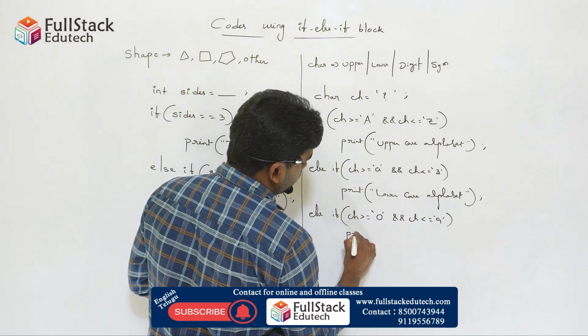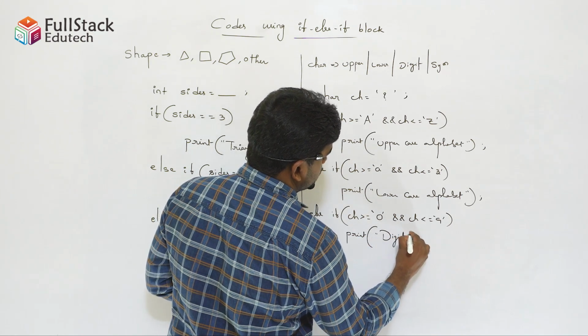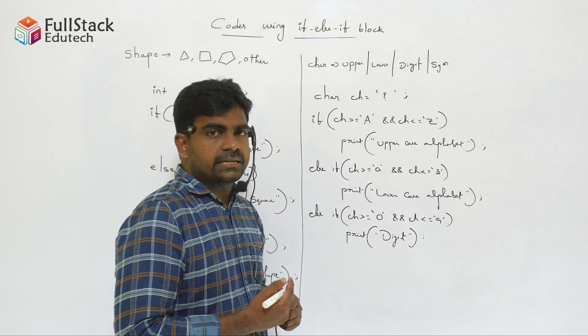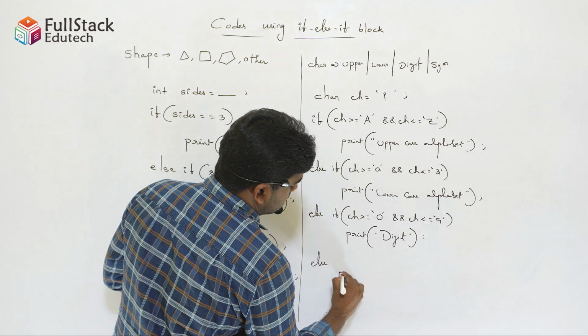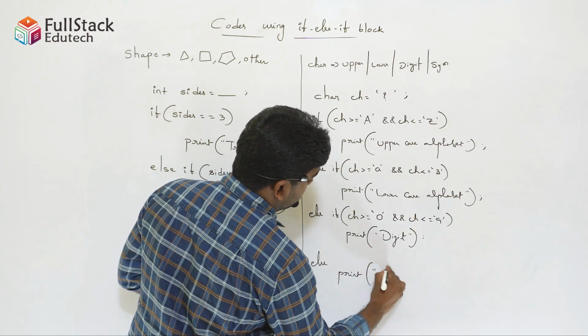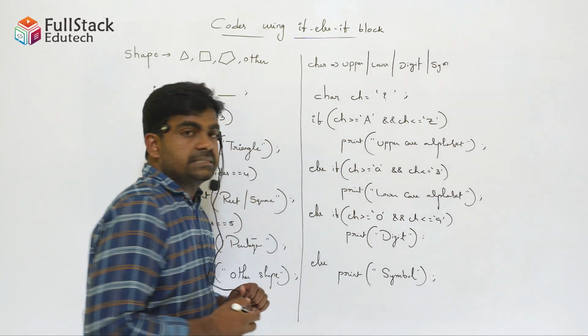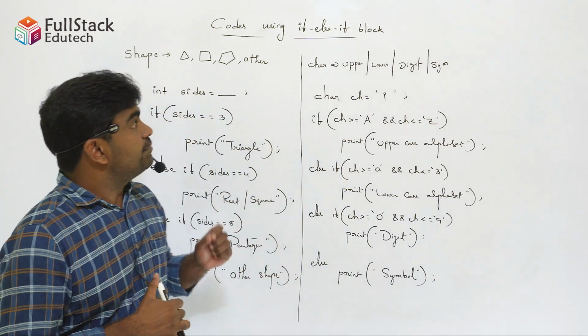Simply print, it's a digit. So if it is not uppercase, not lowercase, and not a digit, simply say else, and directly you can represent that it's a symbol. These are the two simple examples to understand the if-else-if block.